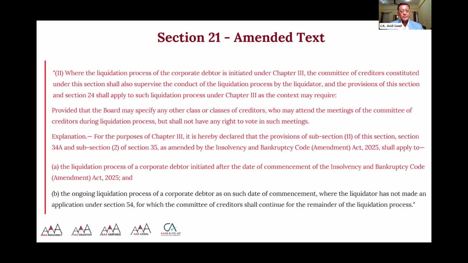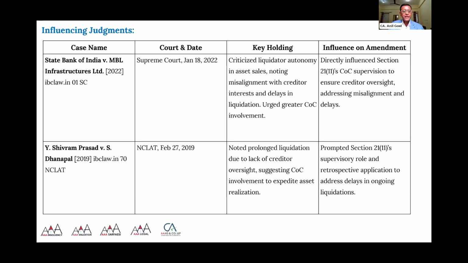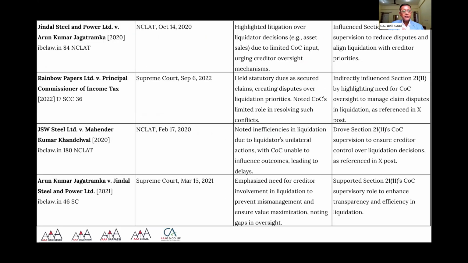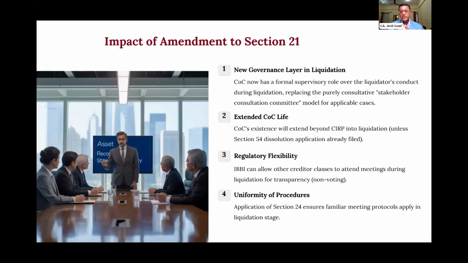I think we have already explained, and there is no need to again read the amended text. And again, I think there are a lot of judgments that we have. The impact of this amendment would be a new governance layer in liquidation: one is the COC, plus there will be some class of creditors that will be allowed to participate without voting.